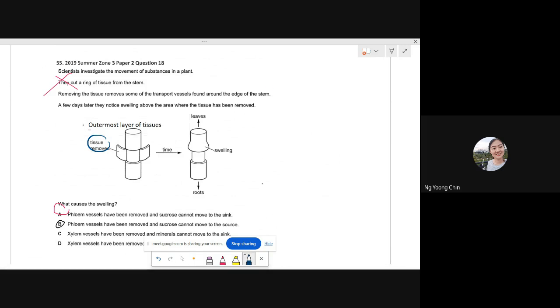In the stem, the xylem and phloem are arranged in a ring, like this. This is the xylem. The outermost layer belongs to the phloem. So they are removing this outermost layer and keeping the internal layer.